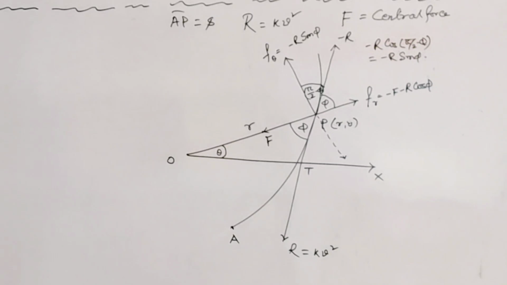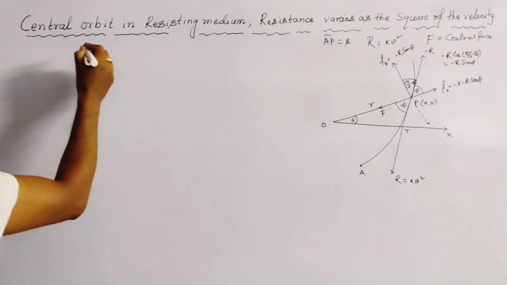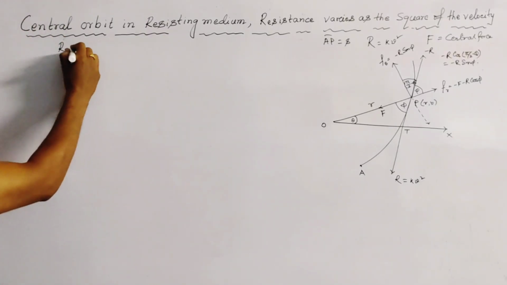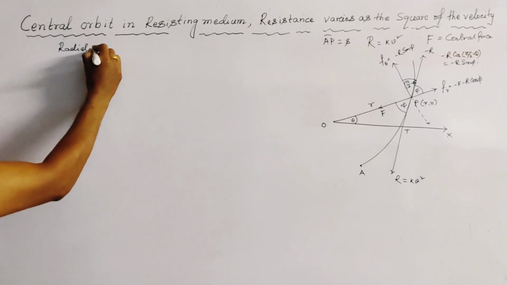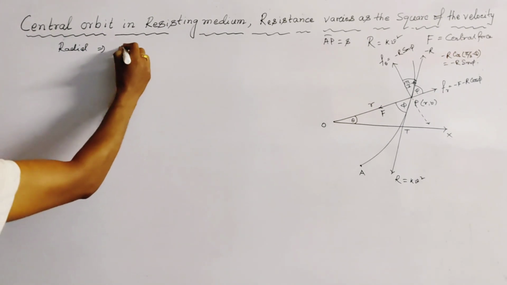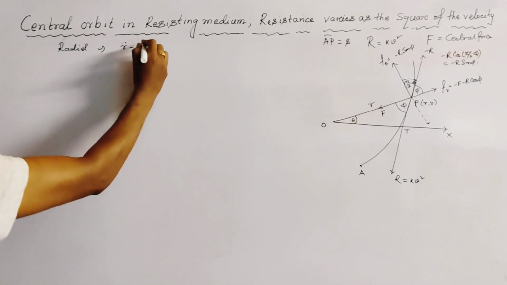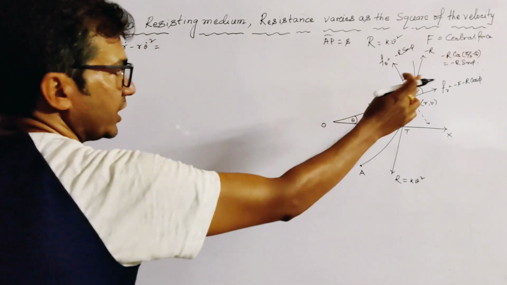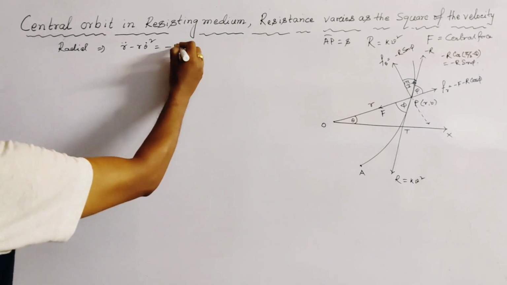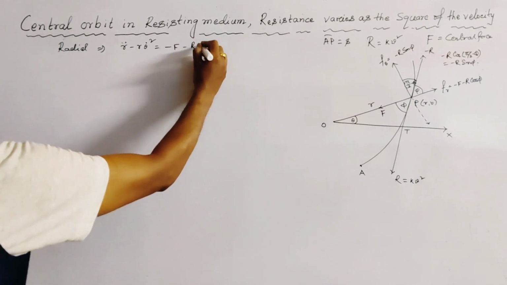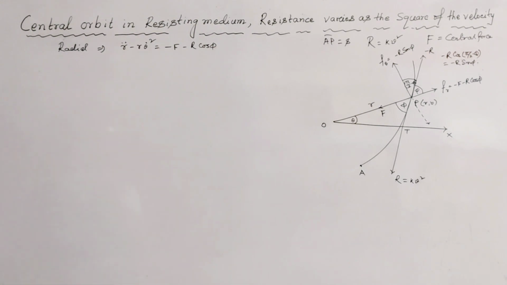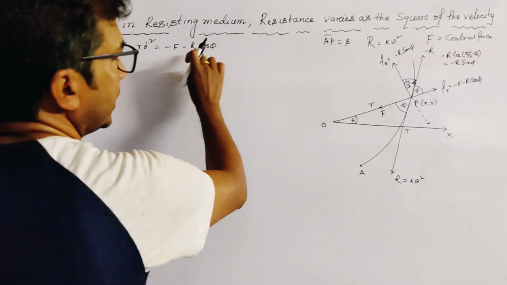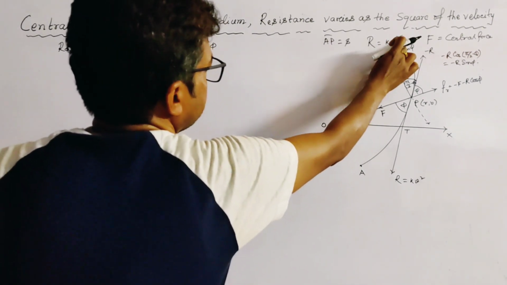We know that in central orbit the radial and cross-radial equations of motion are as follows. The first, the radial equation: r double dot minus r theta dot square is equal to Fr, which is given by minus F minus R cos phi. And what is R? R is equal to K V square.